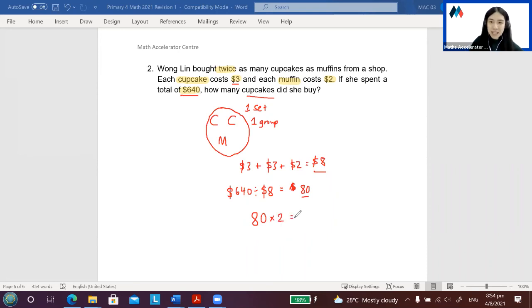Can anyone tell me what this is? I know a lot of you answered already just now. The answer here is 160. 80 times 2 is 160. So this is the answer to your question. Wong Lin bought 160 cupcakes.